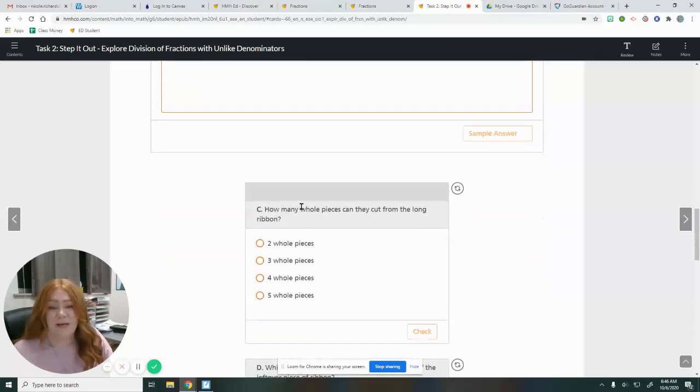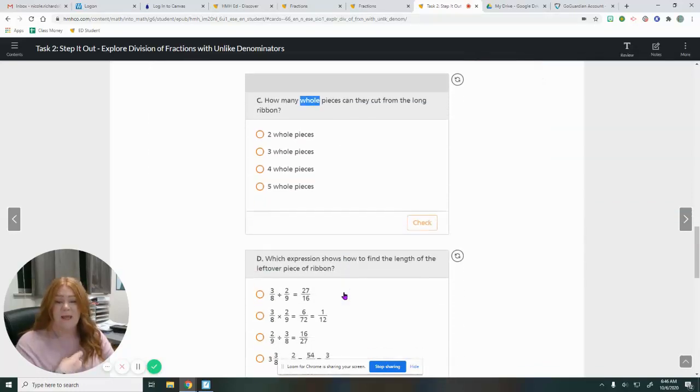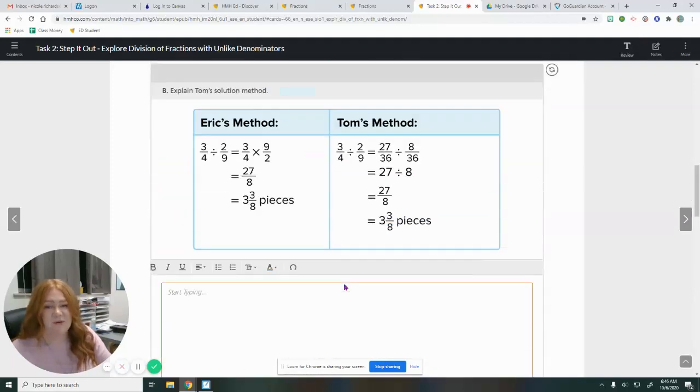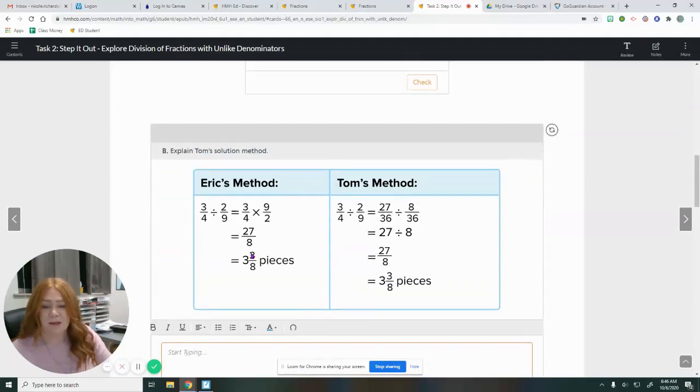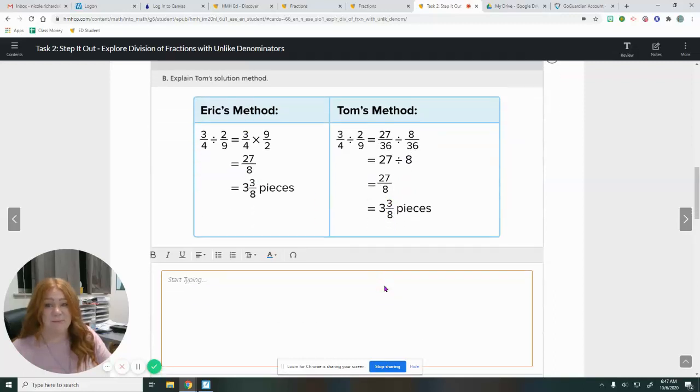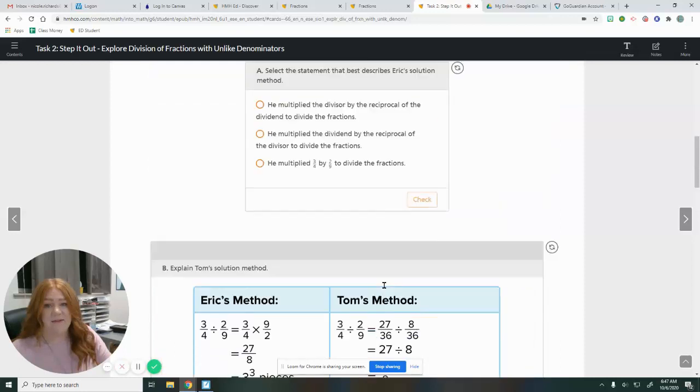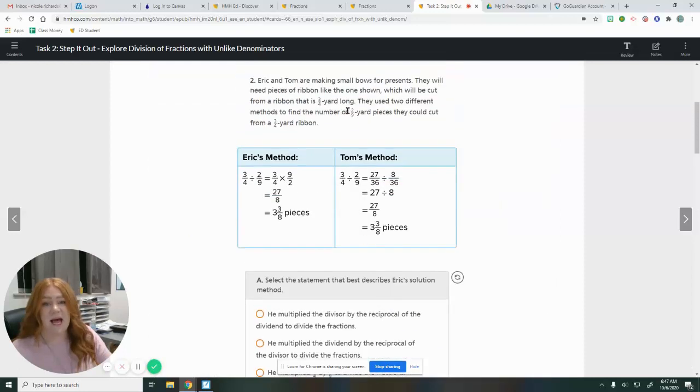So now it wants to know how many whole pieces. So the quotient, the whole number, how many ribbons could be cut. And now this wants to know what expression tells us how much is left over. So if I come up here, I can see that they have 3/8 left over. But what I really have is 3/8 of 2/9.